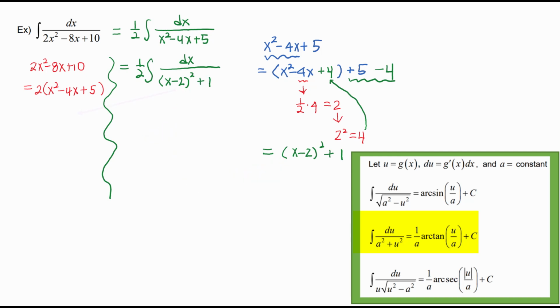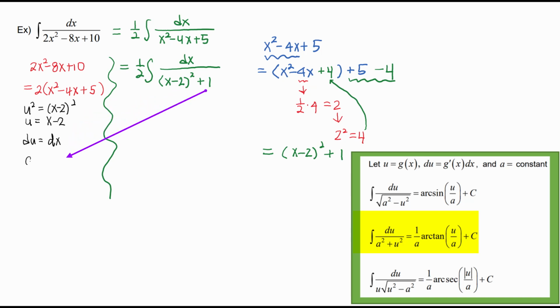So now we can call that to be our u. Our u is x minus 2, so that u squared is x minus 2 squared, which is what we have. And du is just dx.